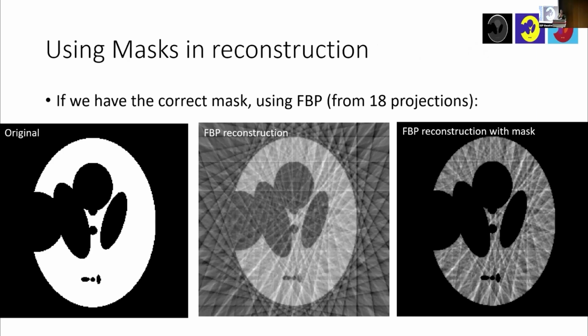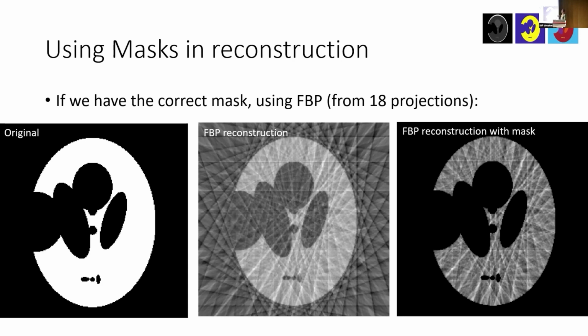All right, so let's start just with using these masks, and this is actually just a very simple object, just one face really. If we have very few projections of our image, we get standard limited angle or limited number of projection type artifacts. So standard filtered back projection doesn't get us very far.